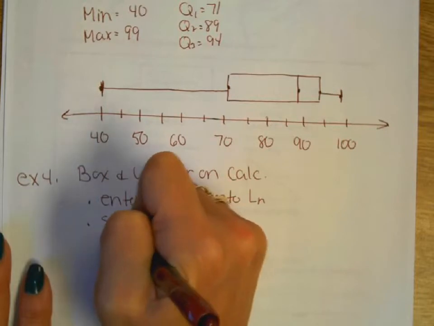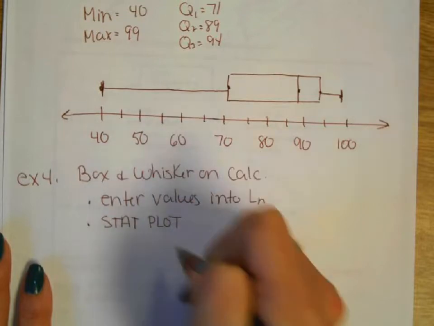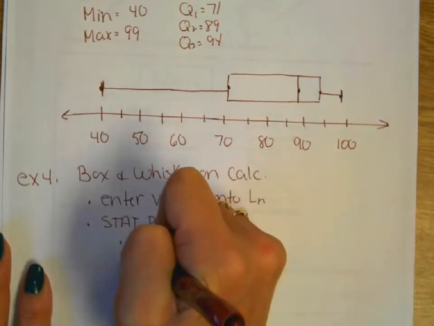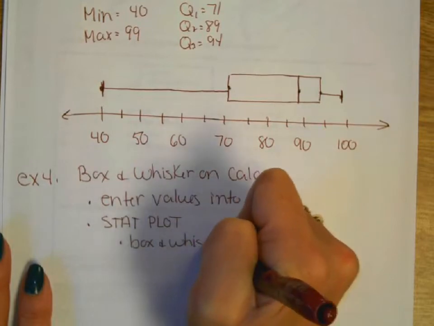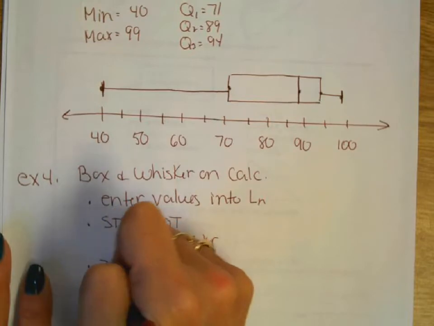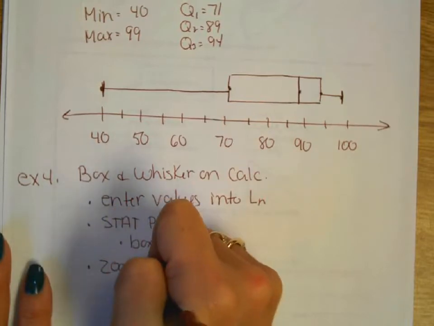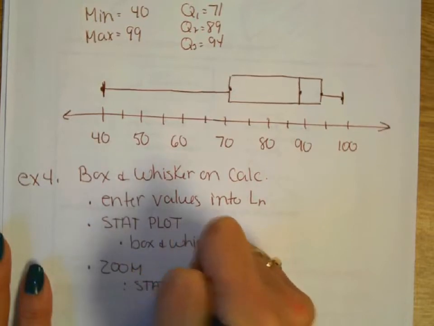You're going to go to stat plot. You're going to select box and whisker. And then you're going to go back out and have the window all set up by going under Zoom and selecting Stat.